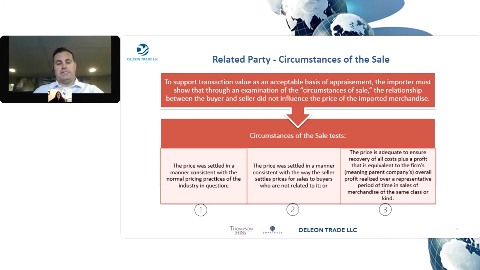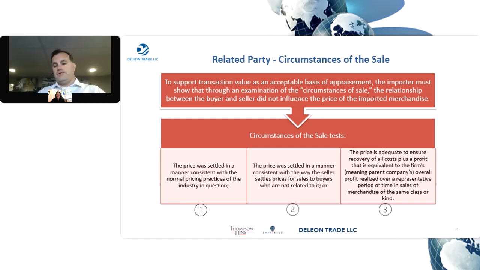So they would basically say, hey, I make 10% on the sale to the U.S. If I look at comparable companies selling the same thing in the same country from which the seller is selling it to me, and I could show my profit falls within the interquartile range of that industry, then it could be acceptable for customs purposes. The issue with that is that test is usually very expensive. You have to do a lot of analysis. You usually need an accounting firm that has access to that data. So that's option 1, which is that 2-pronged test, right?